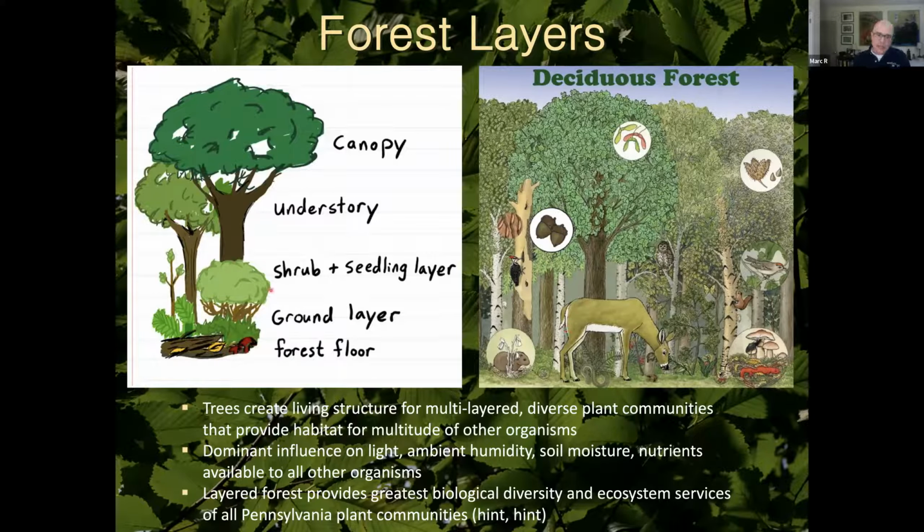A layered forest like this has the maximum amount of vegetation per square foot, by having all these layers packed in with each other. That provides the greatest biological diversity and ecosystem services of all the Pennsylvania plant communities. So hint, hint, I'm going to talk a lot about underplantings. I think it's very important: no tree should ever be alone.